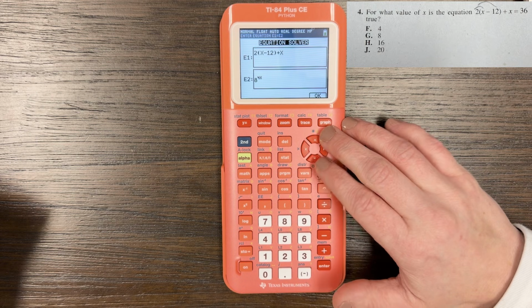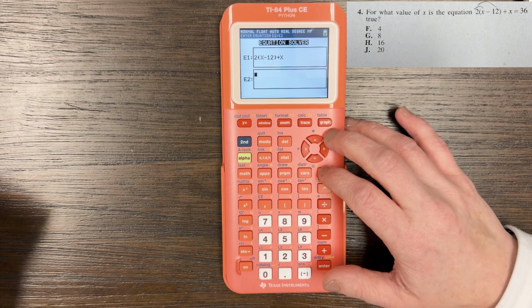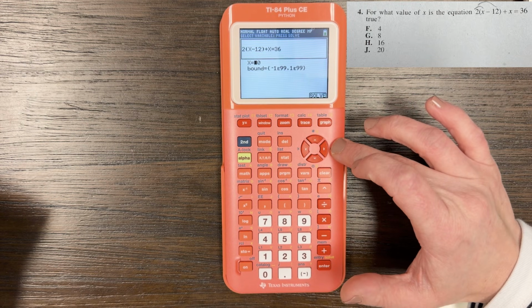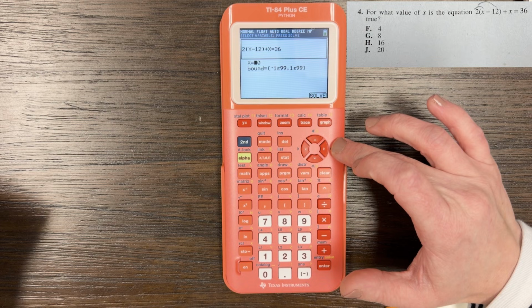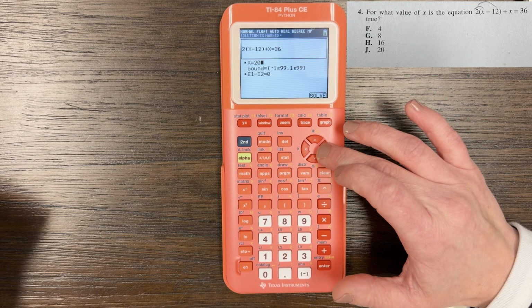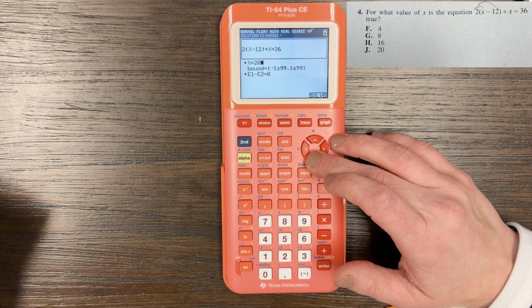So that is one side of the equal sign. Then we're going to go enter, and I'm going to clear that. And then let's go ahead and click 36. So we'll go OK, and then we will go ahead and click solve. So on this answer, your x is going to be 20, which is going to be J.